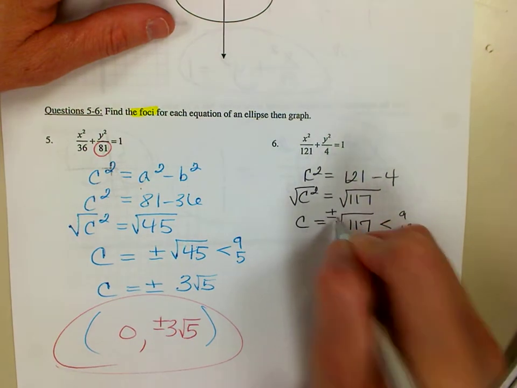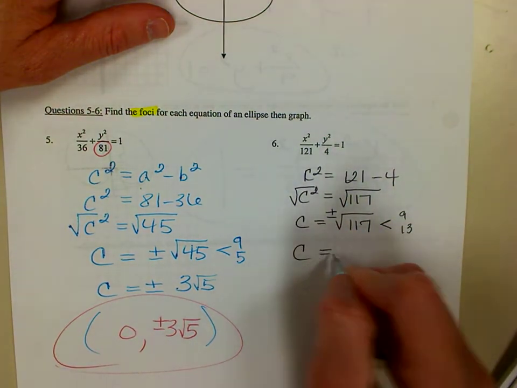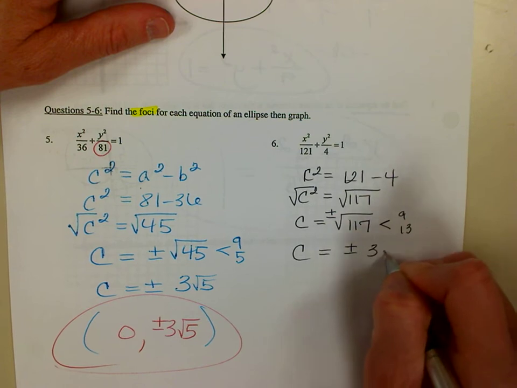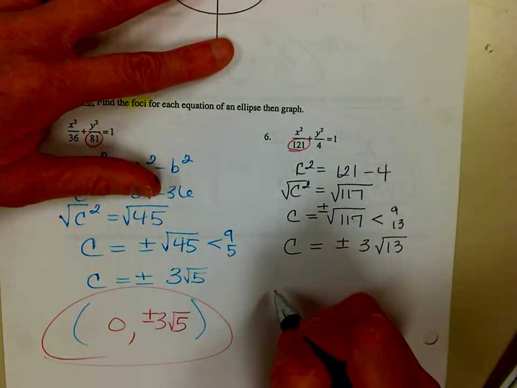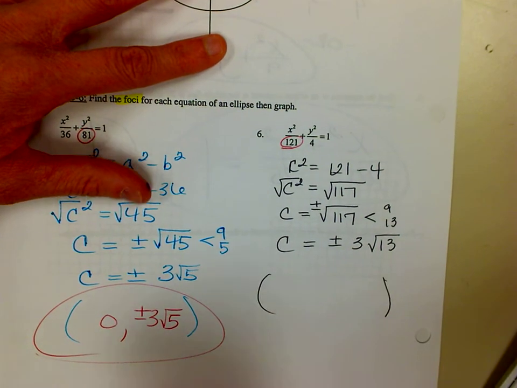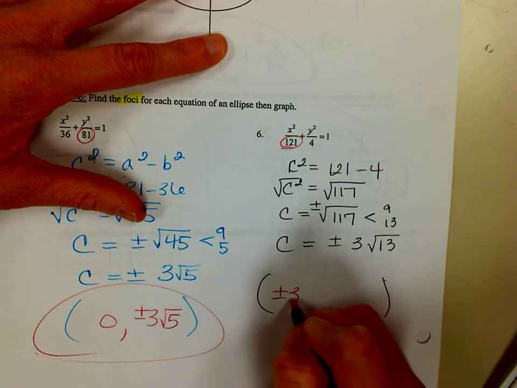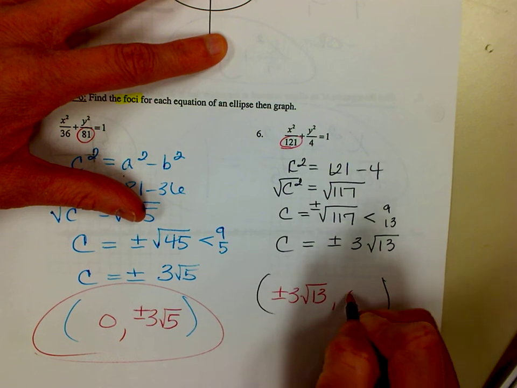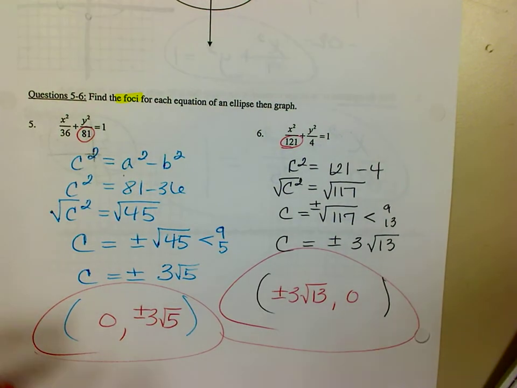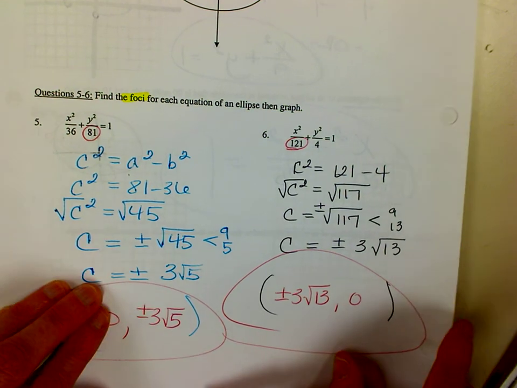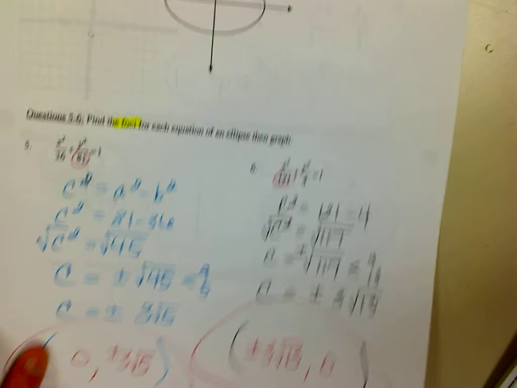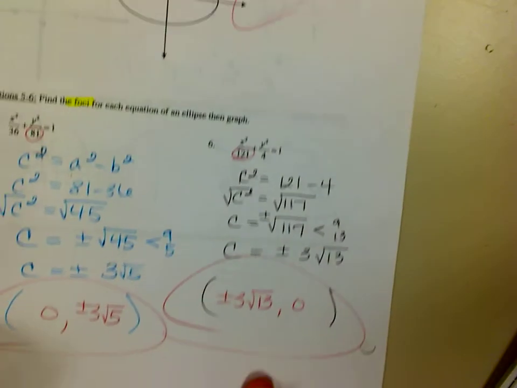Oh, and it's positive and negative. So positive and negative 3 square root of 13. And this time, the bigger number is under the x squared. So that number is going to go in the x spot. Okay, that's how you find the foci. You just use this formula right there and then make it an ordered pair.